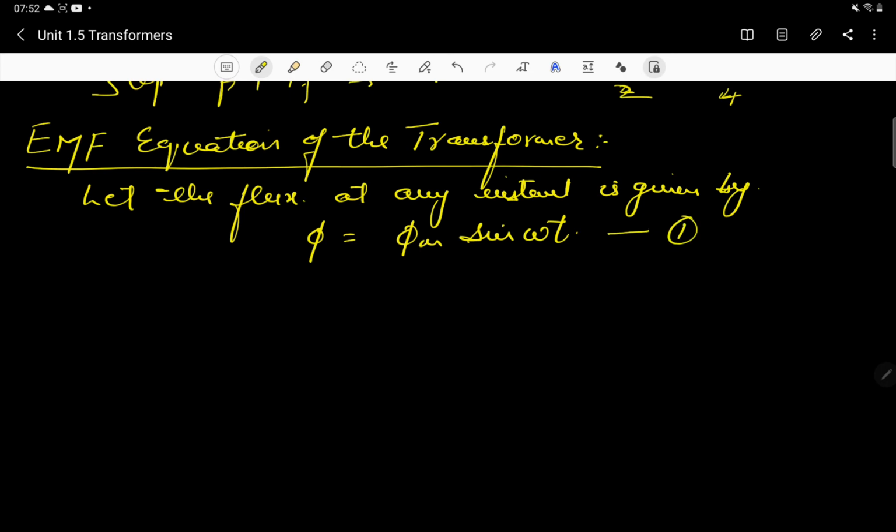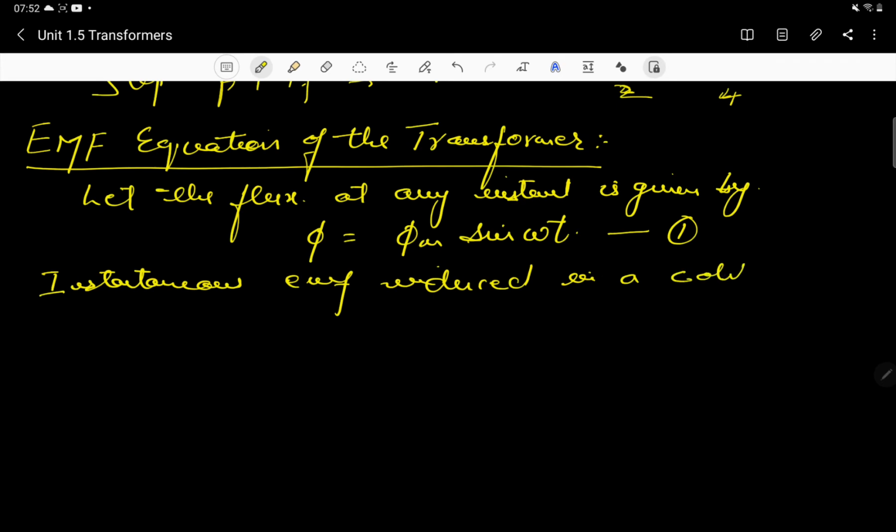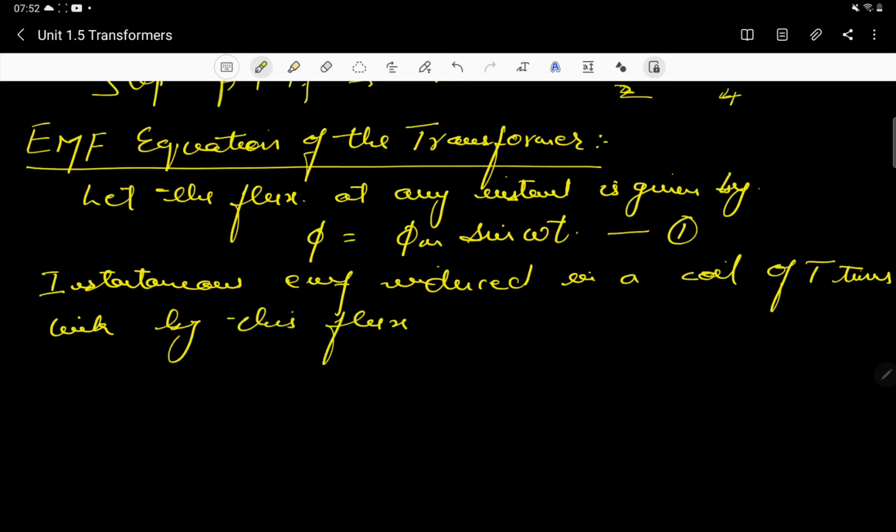Now the instantaneous EMF induced in a coil of T turns linked by this flux is given by Faraday's law.